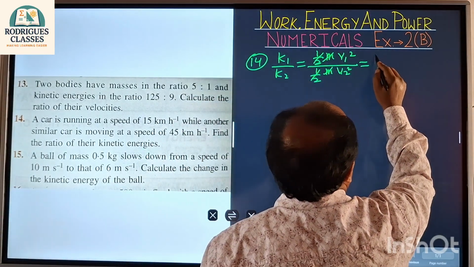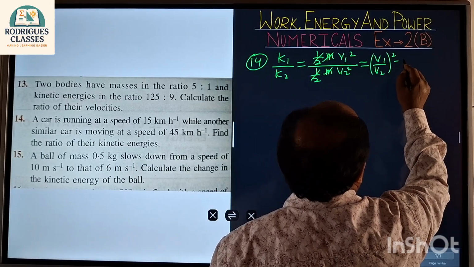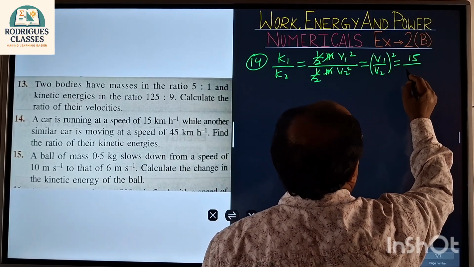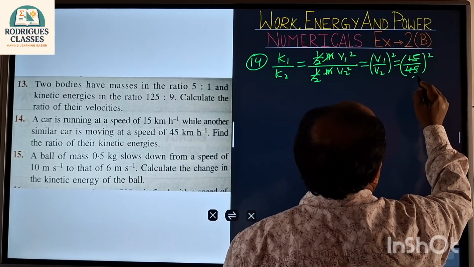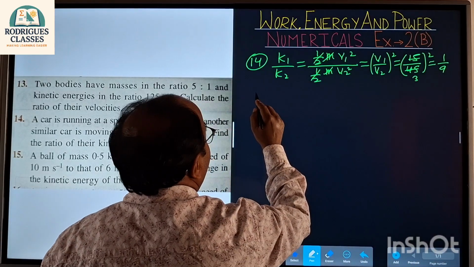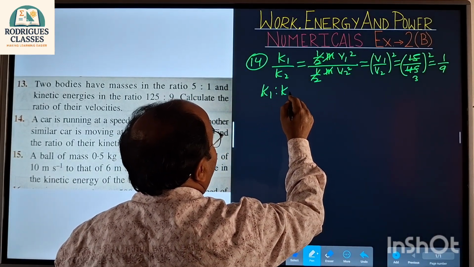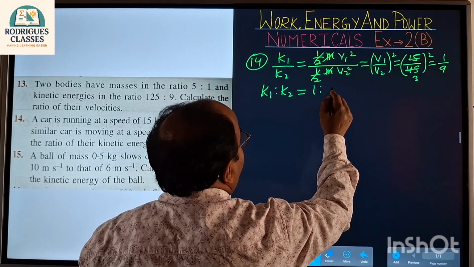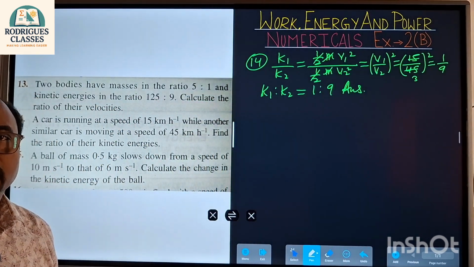So v1 by v2 whole square. So v1 is 15, this is 45, whole square. So this will cancel 3 times. So 1 by 3 whole square will come as 1 by 9. So writing it in ratio form as 1 is to 9. This is your answer for this 14th one.